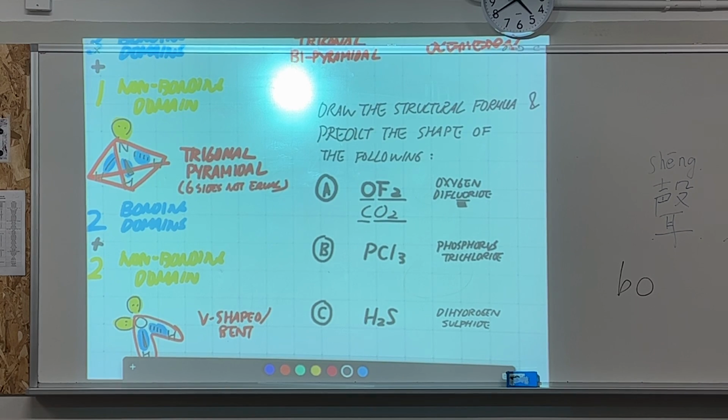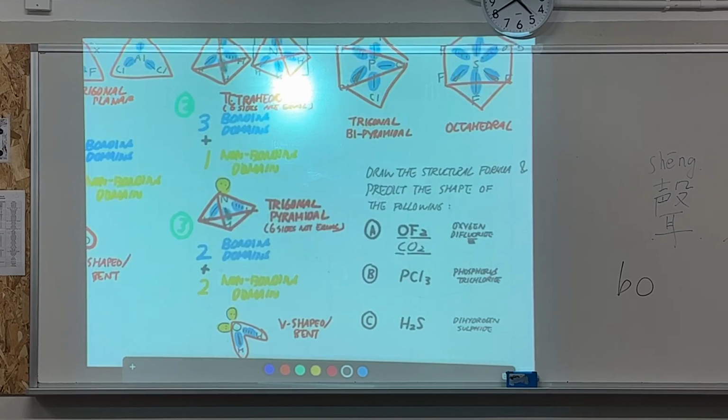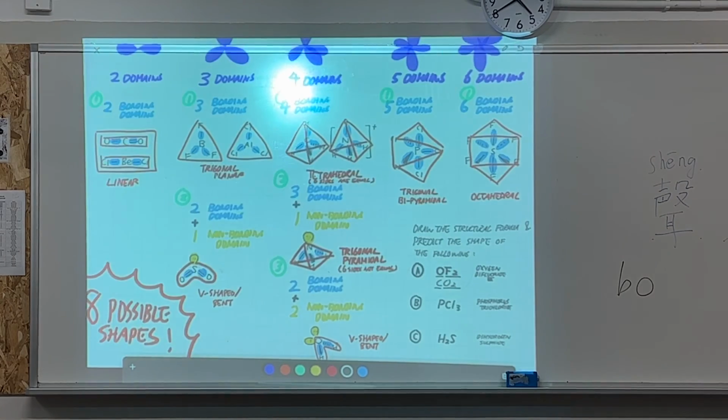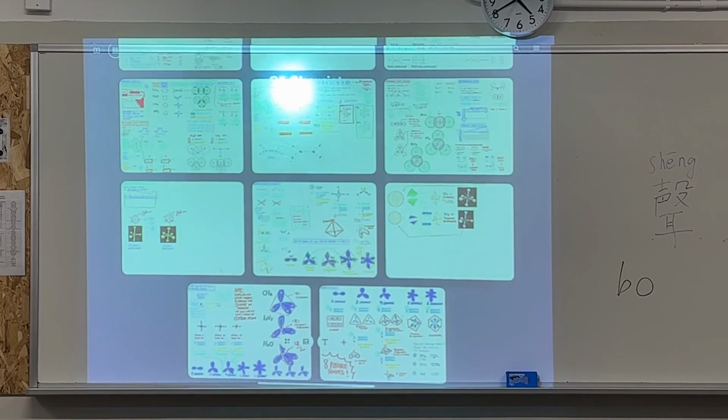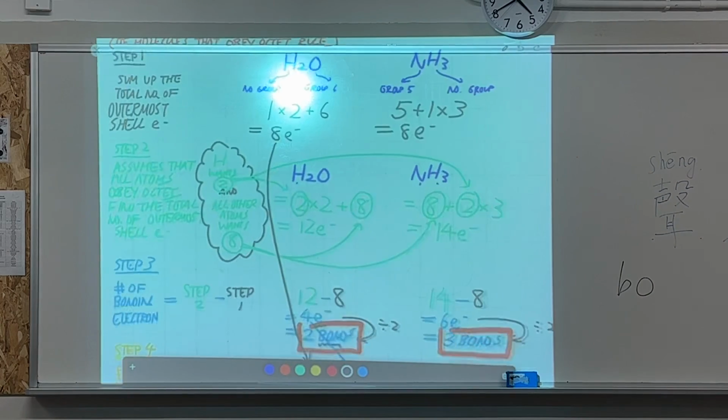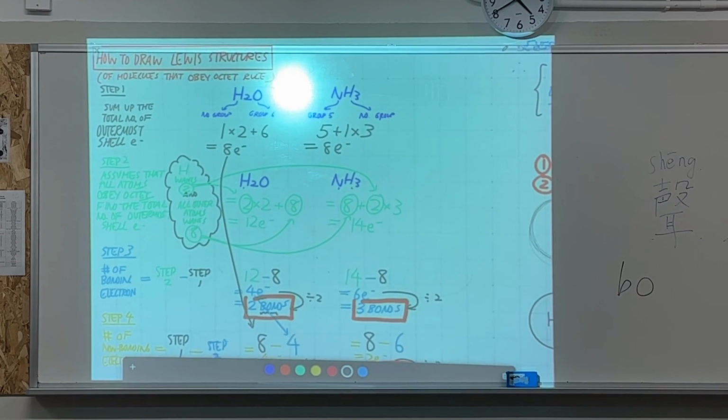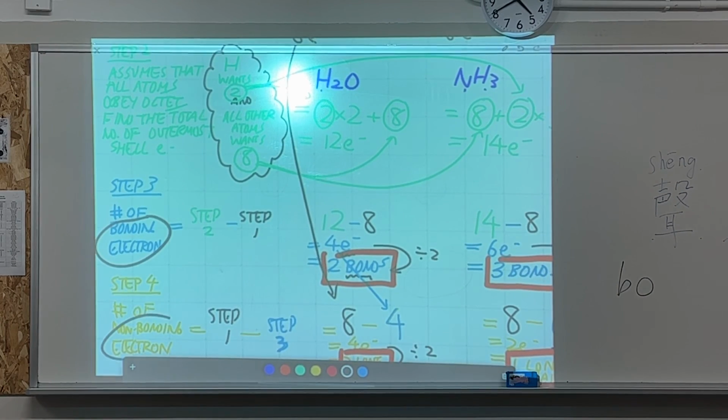Is that clear? I expect this done by next lesson. And we have tests next week on organic chem. Again, you need to refer back to this page, where we discuss how to determine the number of bonding domains and the number of non-bonding domains.